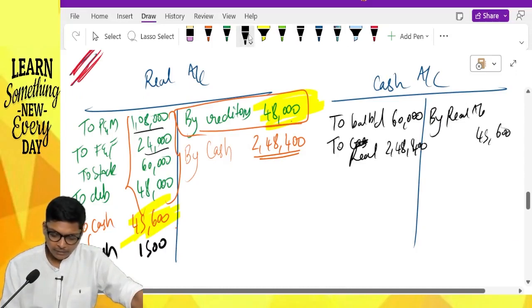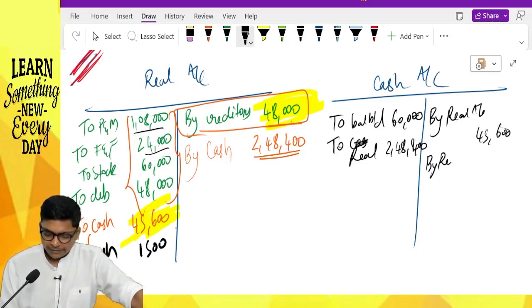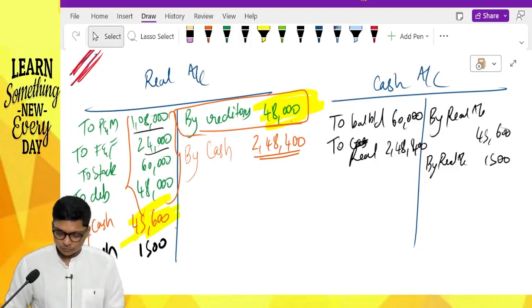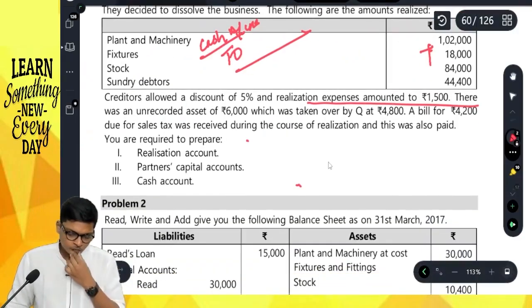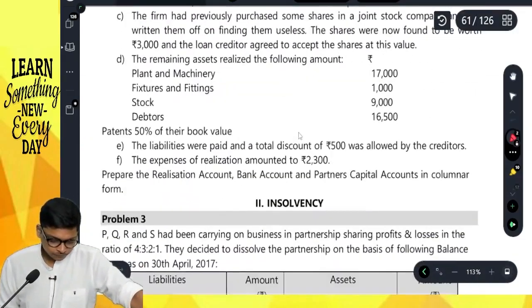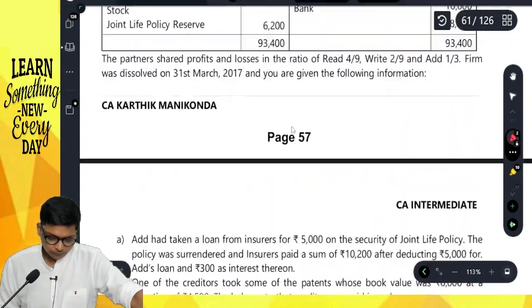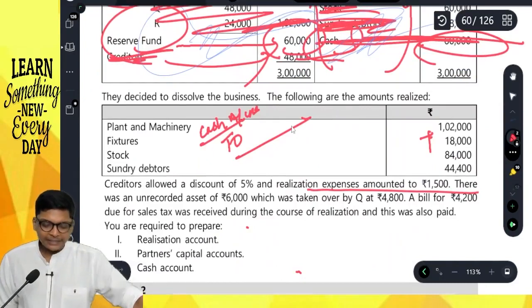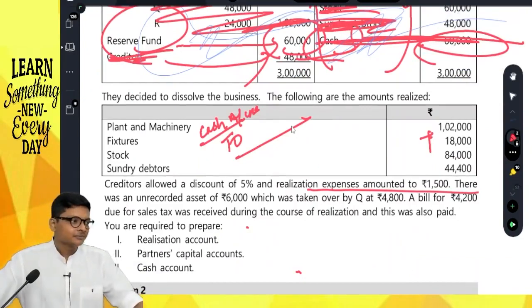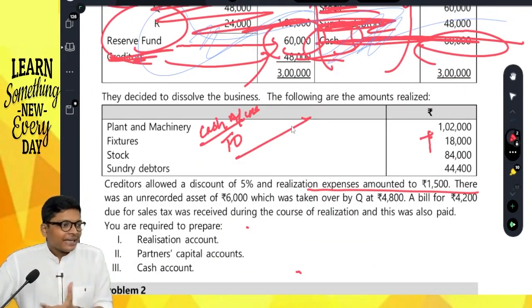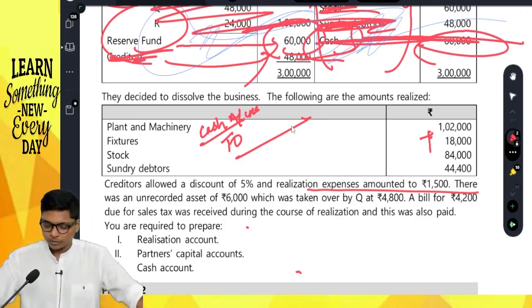Here I will write by realization account, 1,500. Are you all with me guys? Easy. Expense entry normally is expense to cash. Here it is realization to cash. That's all about it. Okay.